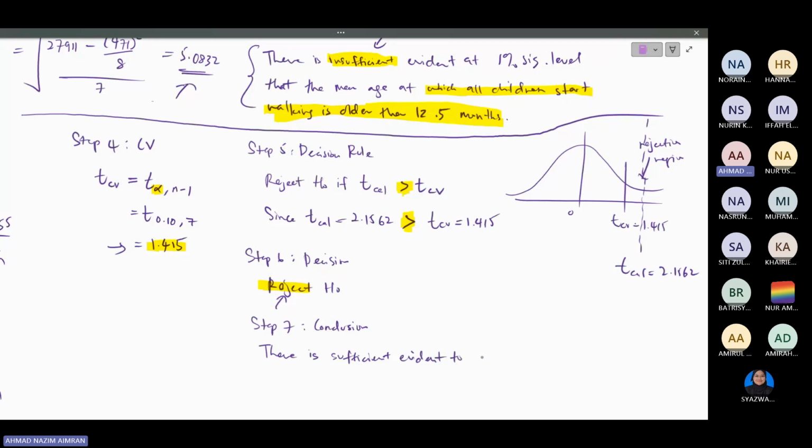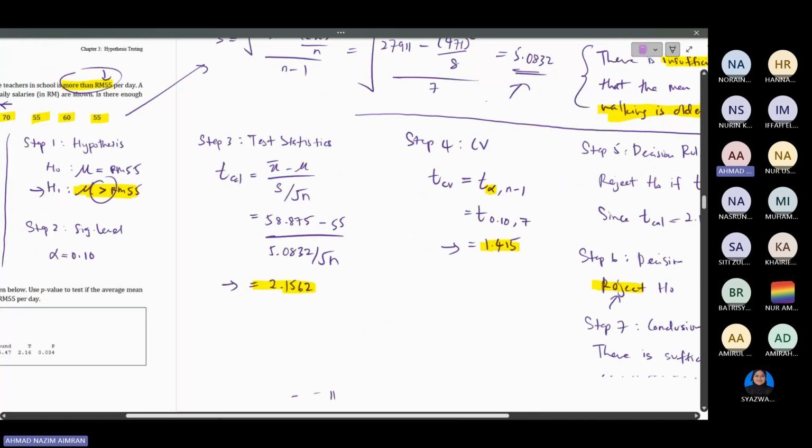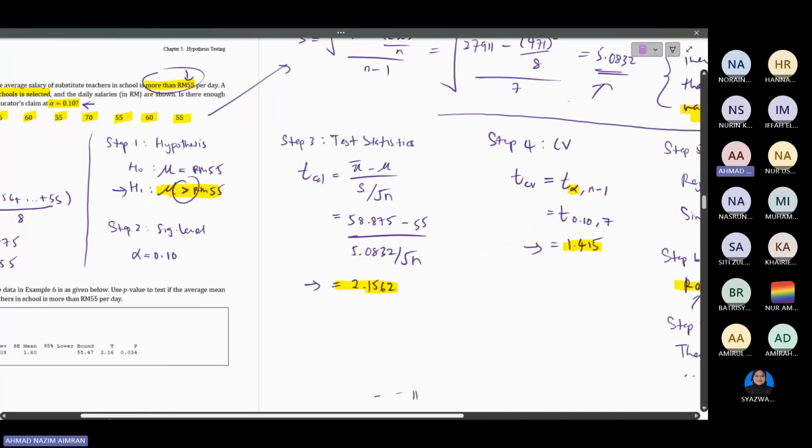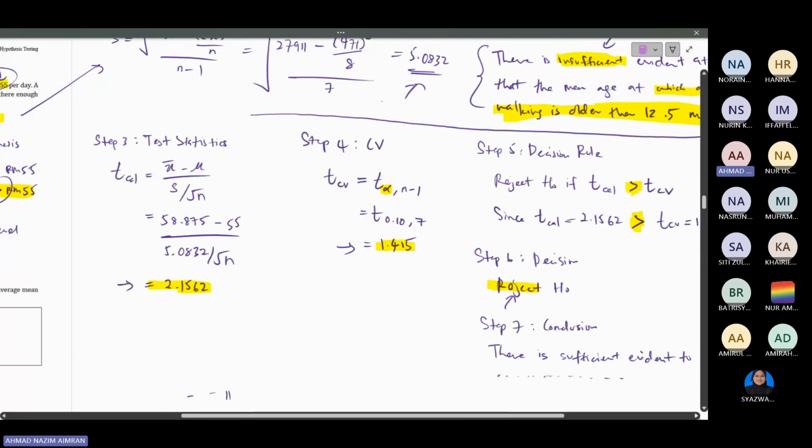to conclude that the next statement should be obtained from the question or from the alternative hypothesis. In our case, what is the alternative? The mean salary or the average salary of substitute teachers in school is greater than 55 ringgit.